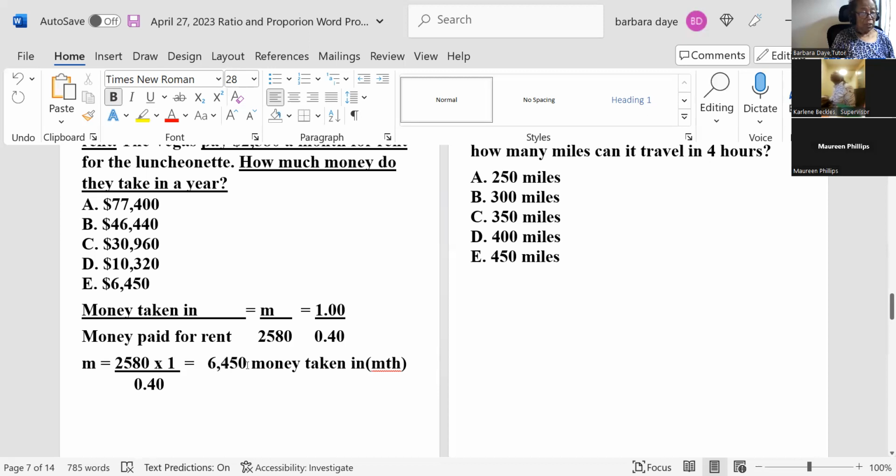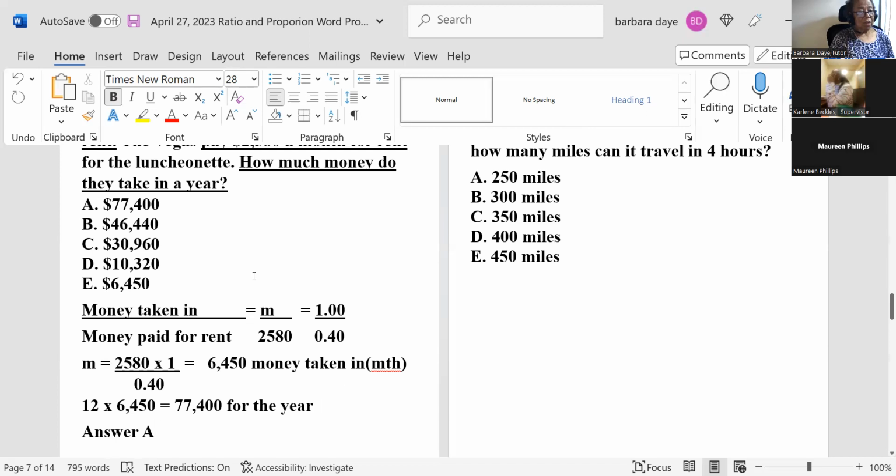Multiply, right? Because if this represents one month, you'd multiply by 12 times 6,450 to get the answer for the year. Answer A. That's right, and that would be 77,400 for the year. So that would be our answer A.